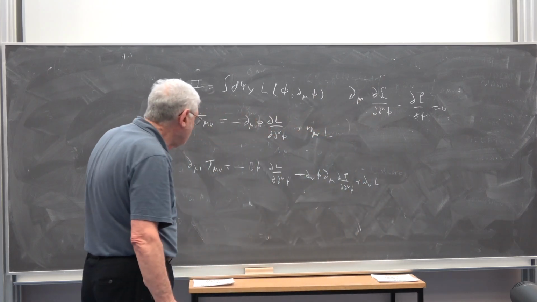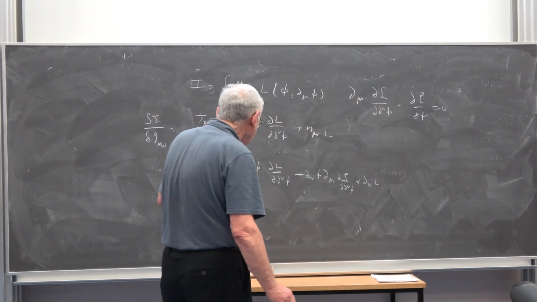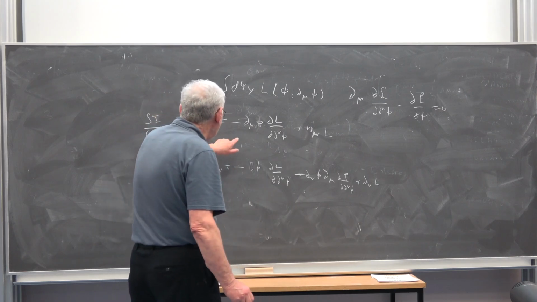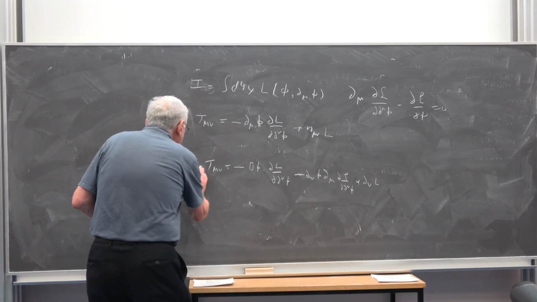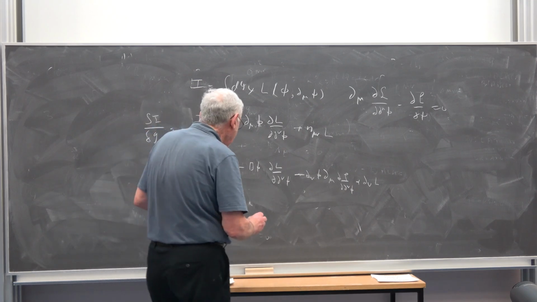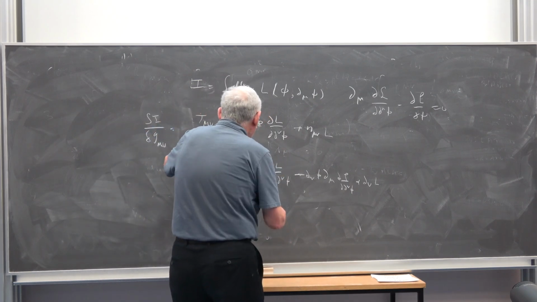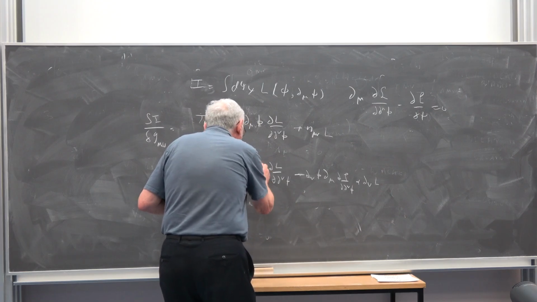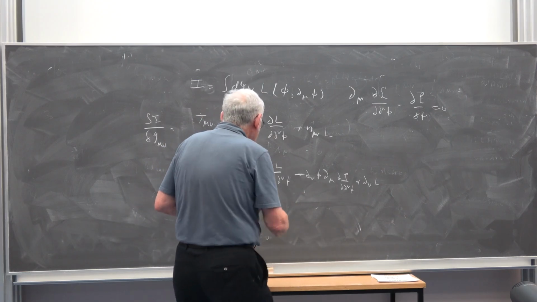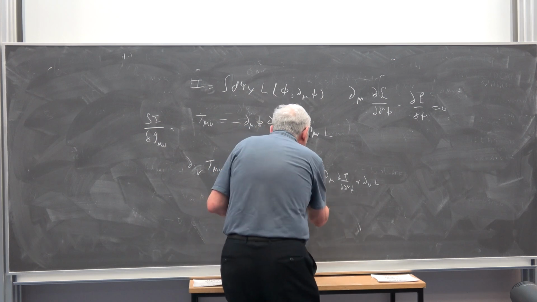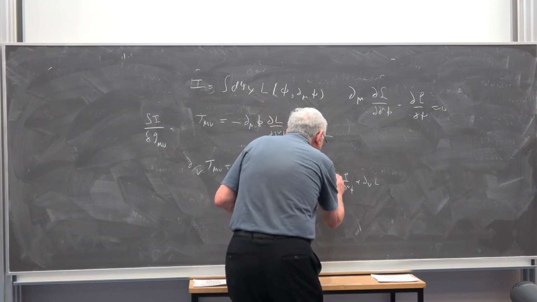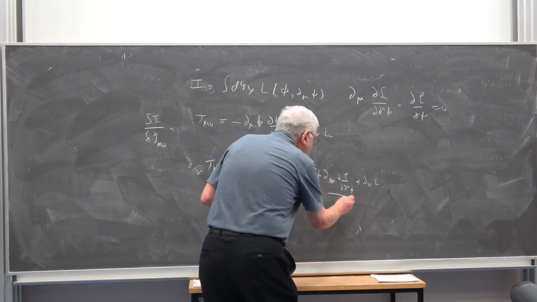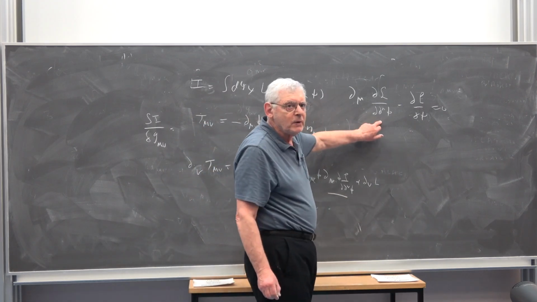Now I've got something here I want. Let me see if I get it right. Mu nu, I should have taken the derivative with respect to nu. Let me go back a second. So it's minus ∂_μ∂_νφ ∂L/∂(∂_νφ), minus ∂_μφ ∂_μ ∂L/∂(∂_νφ), plus ∂^ν L. But the reason I did that is because I have, this one is given to me by the Euler-Lagrange.